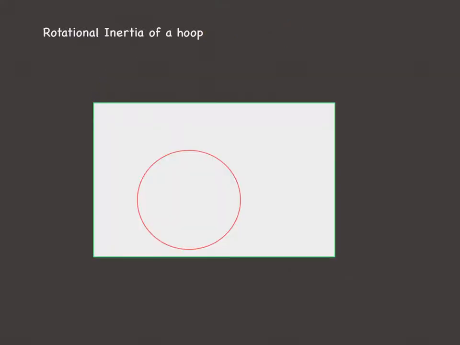The idea here is if we have a ring and each little section here is a very small piece of mass of the ring, every little piece of mass is at the same distance away.